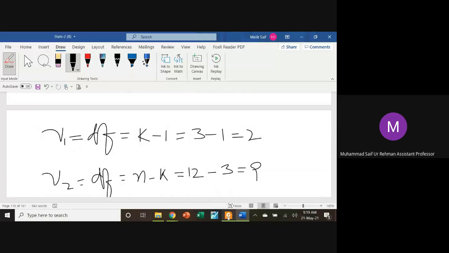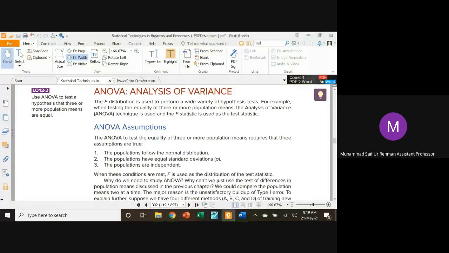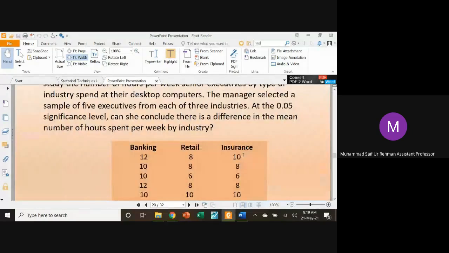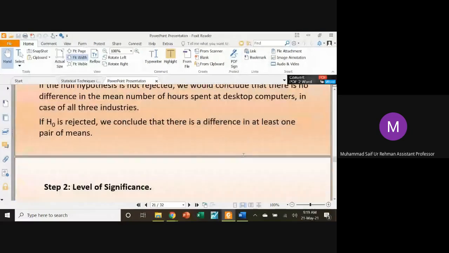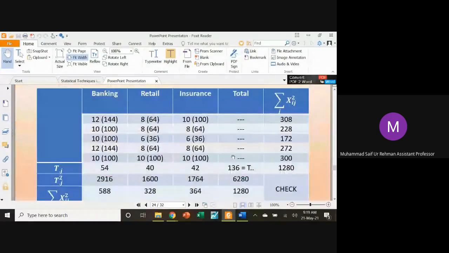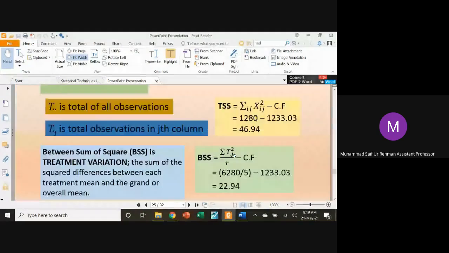First of all, see what these values are. Another example is solved over here, but I am interested in explaining this one strategy.